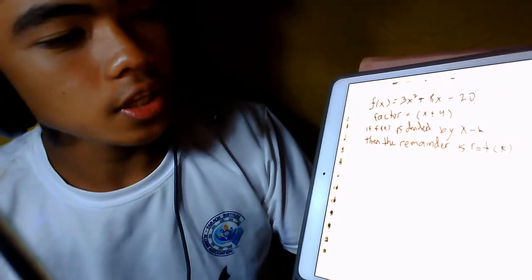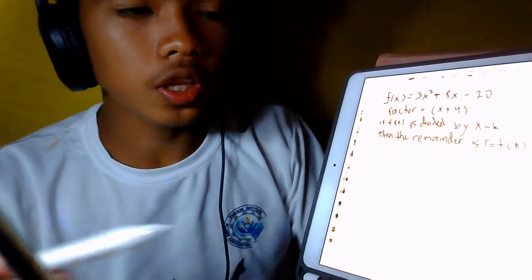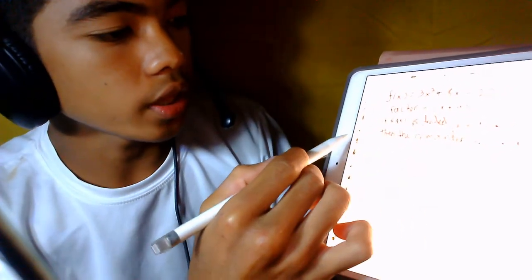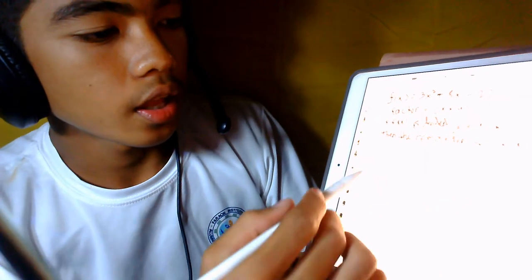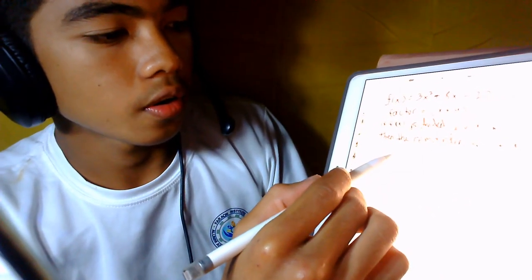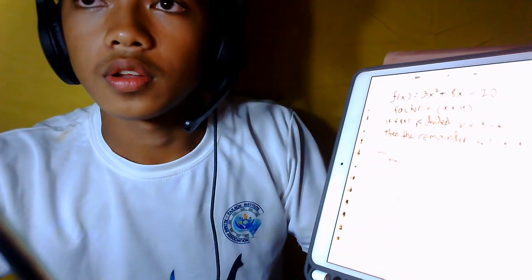So what this means is that let's try dividing this into this. To use synthetic division, use negative 4 and the coefficients 3, 8, and negative 20.